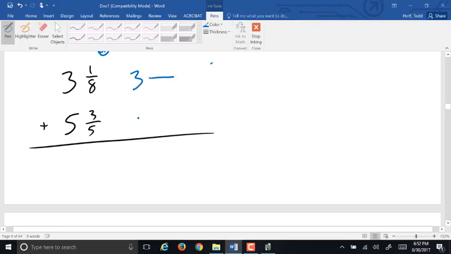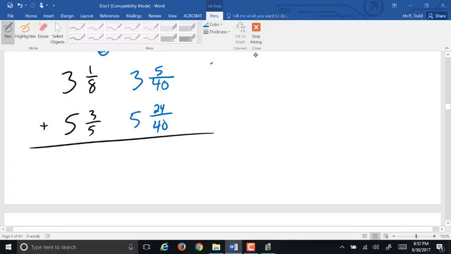We do still have to find the common denominator. For 8 and 5, what's my common denominator going to be? 40. Good. This is going to be what up here? 5 40ths. And down here, 24, right?